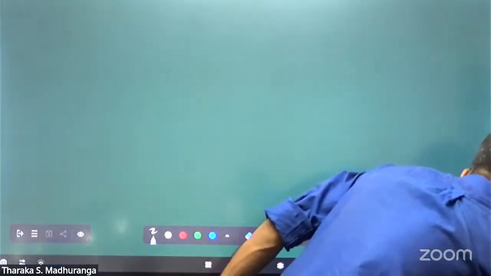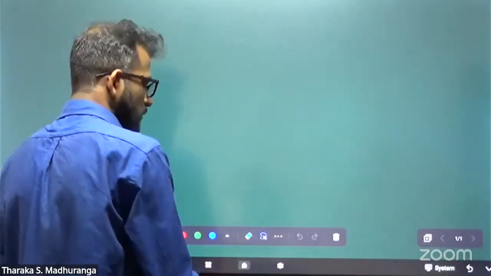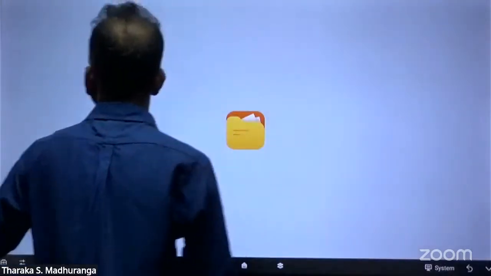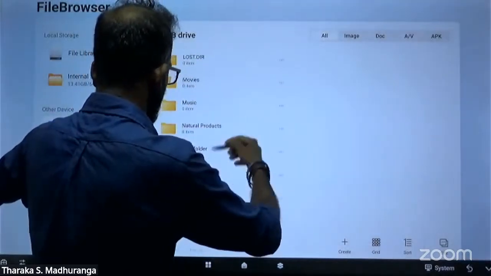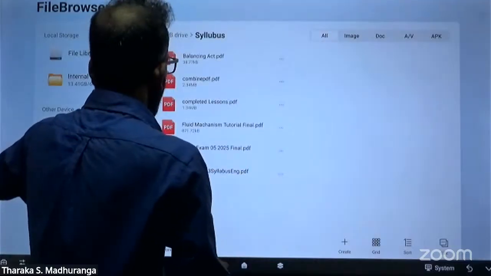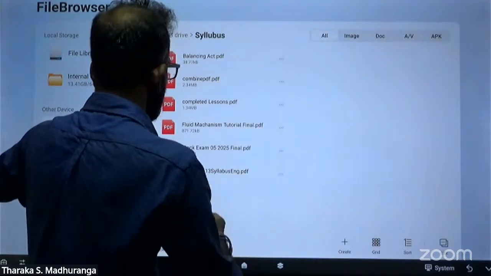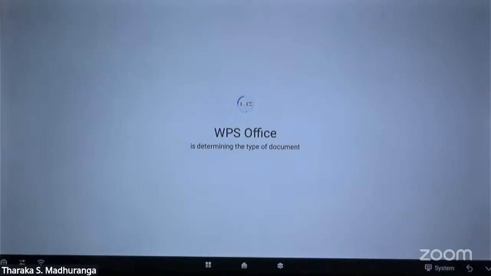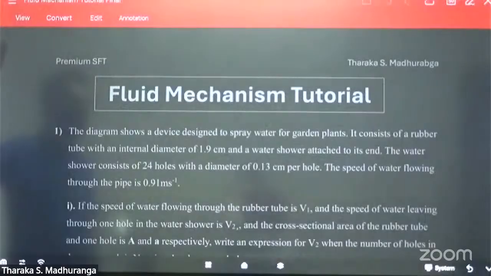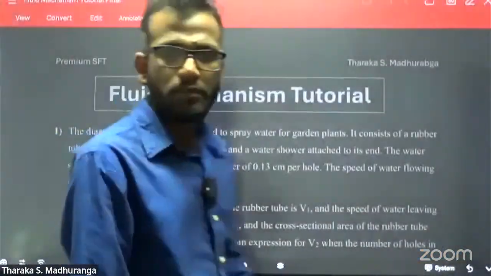Charger need to come. Okay. Everything okay?